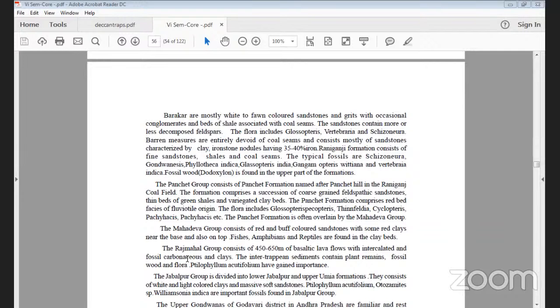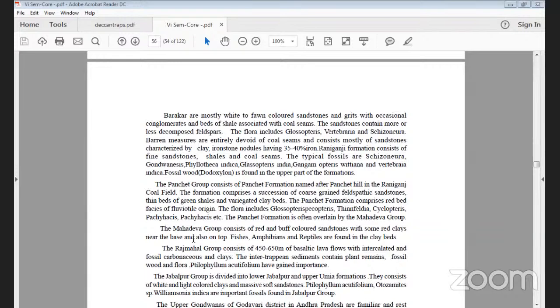The sandstones contain more or less decomposed feldspars. The flora includes Glossopteris, Vertebraria, and Sagenopteris. Barren Measures are entirely devoid of coal seams and consist mostly of sandstones characterized by clay ironstone nodules having 35 to 40% of iron.